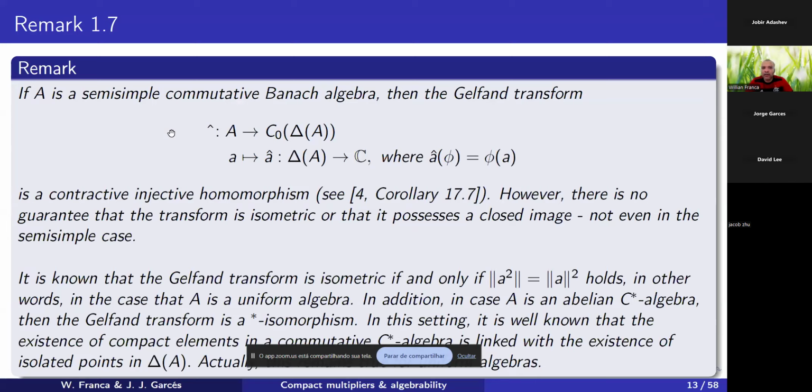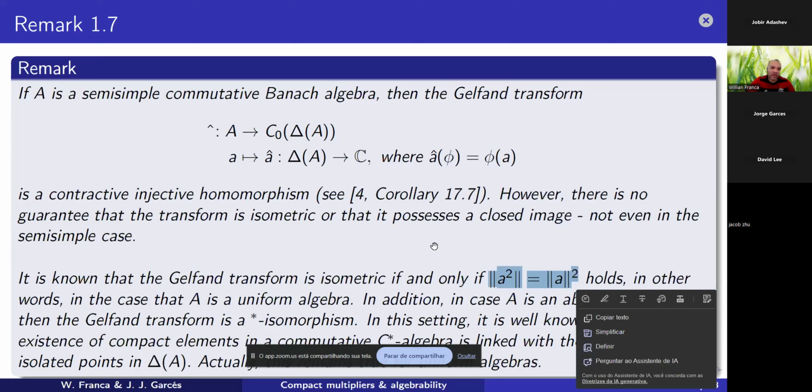However, we cannot guarantee beforehand that the map is isometric, as we do not have reasons to believe so. However, in case your algebra satisfies this condition, or in other words, when your algebra is a uniform algebra, the Gelfand transform is isometric. So for us, just to make clear, a uniform algebra is a semi-simple commutative Banach algebra which satisfies this condition.